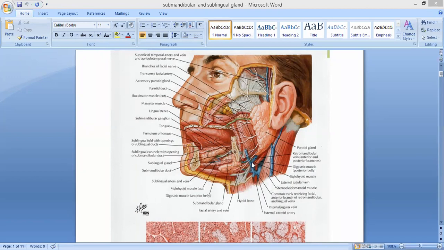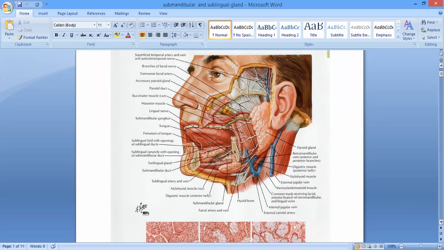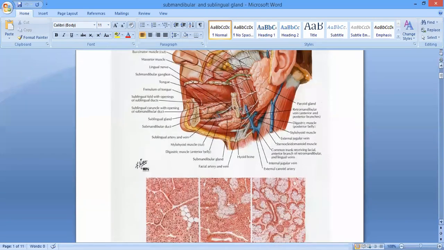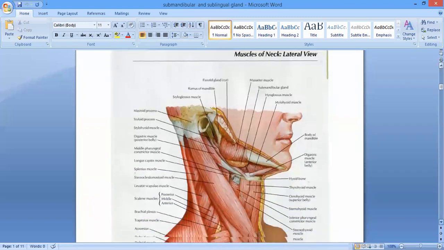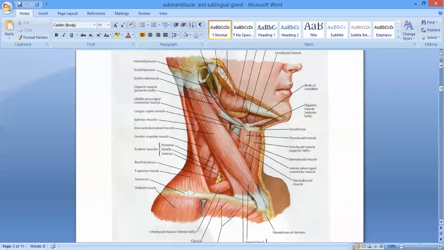Here you can see. The digastric triangle is basically, does anyone have an idea about the digastric triangle? The digastric triangle is a part of the anterior triangle of the neck, right?